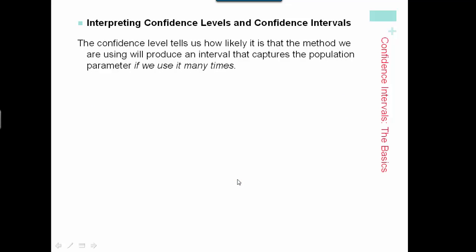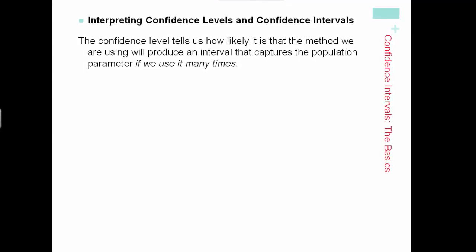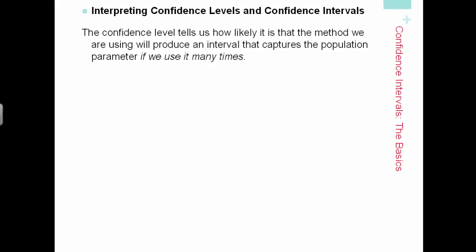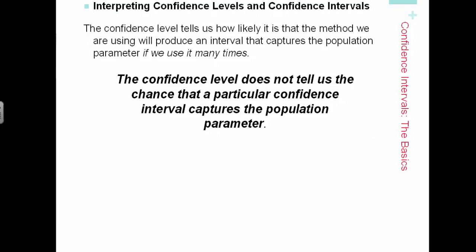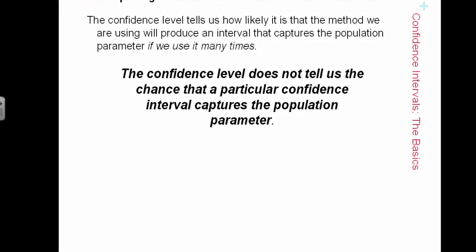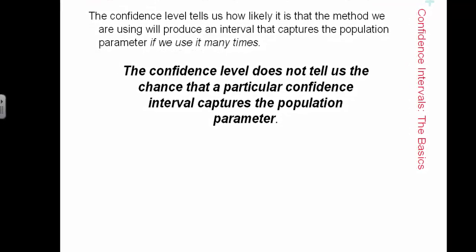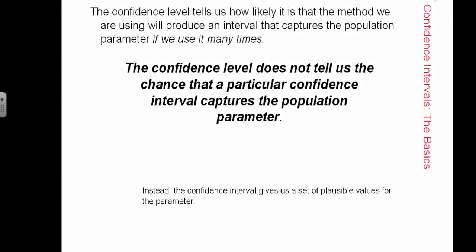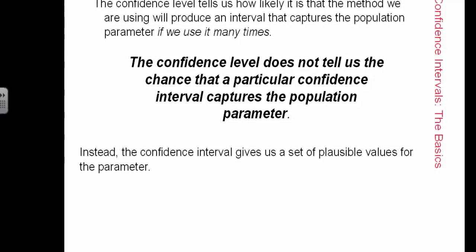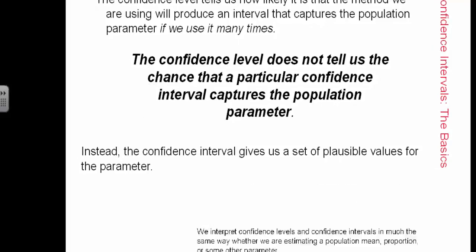The confidence level tells us how likely it is that the method we are using will produce an interval that captures the population parameter if we use it many times. The confidence level does not tell us the chance a particular confidence interval captures the population parameter. Instead, the confidence interval gives us a set of plausible values for the parameter.